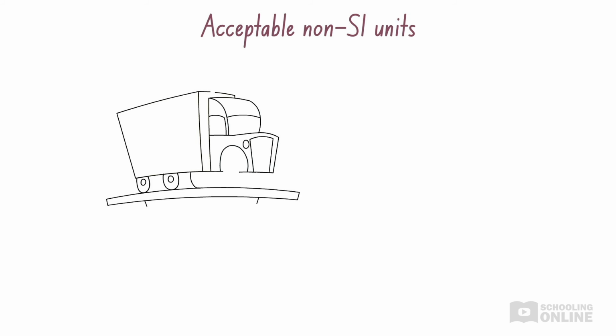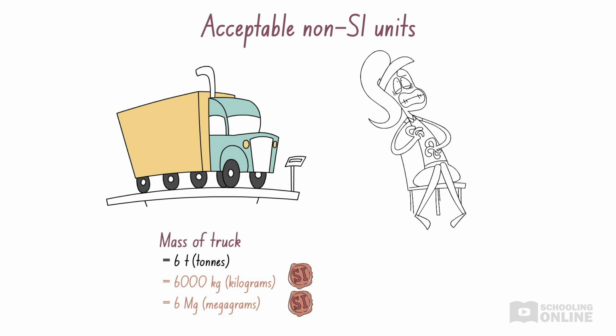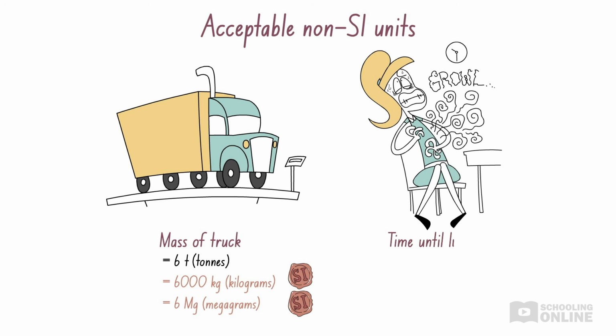For example, we might say that a truck has a mass of 6 tonnes, which is equivalent to 6,000 kilograms, or 6 megagrams in SI units. Similarly, we can measure long periods of time in minutes or hours rather than the SI units of seconds. Very small units of time, however, are still represented using the base unit of seconds, such as milliseconds on an accurate stopwatch.